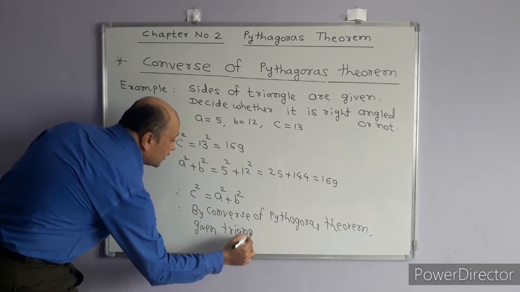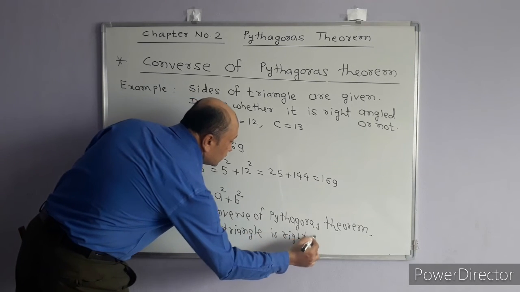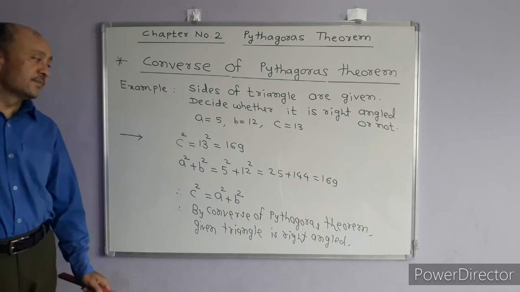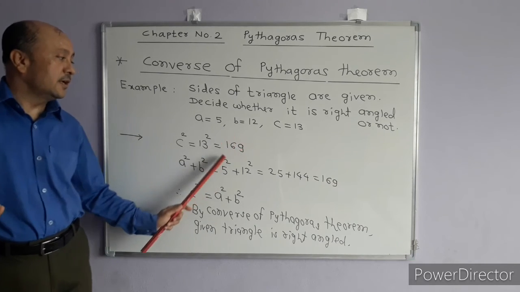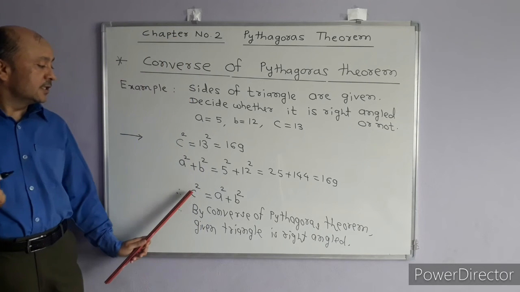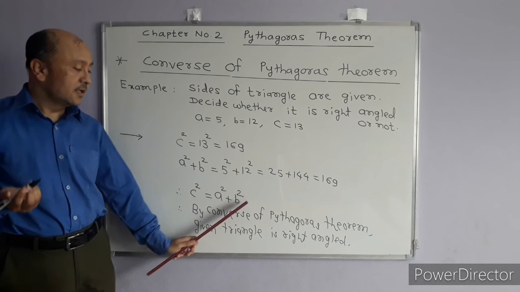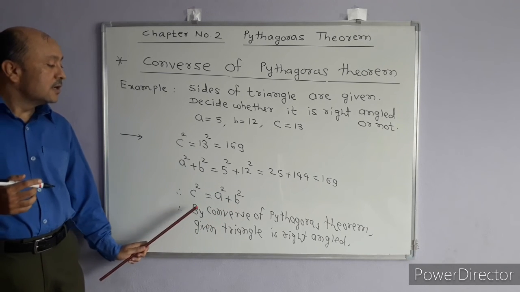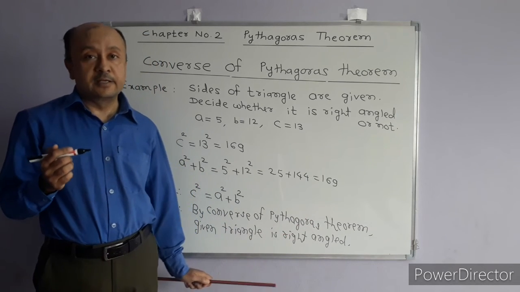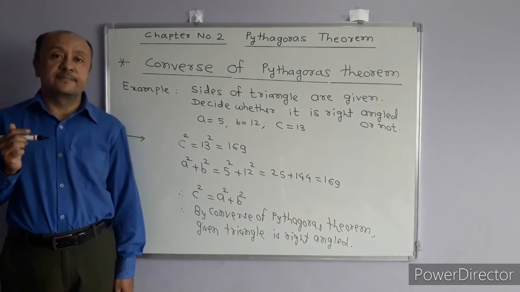Given triangle is right angled. So this is the converse of Pythagoras theorem. If the values are different, then we will write the negative sentence, that this square is not equal to the sum of the two squares. By converse of Pythagoras theorem, the given triangle is not a right angle triangle if we get different values. So this is all about converse of Pythagoras theorem.